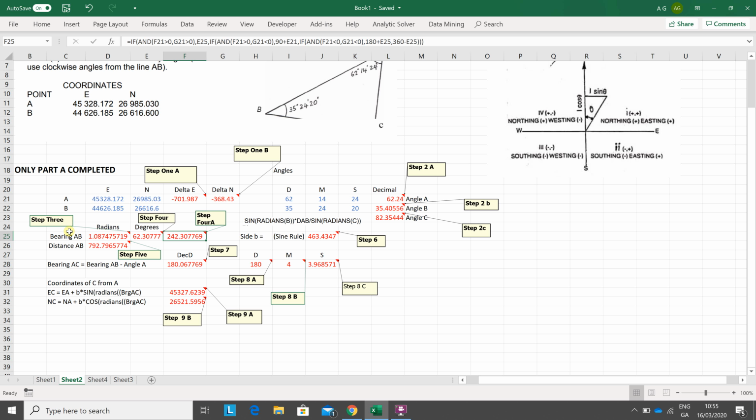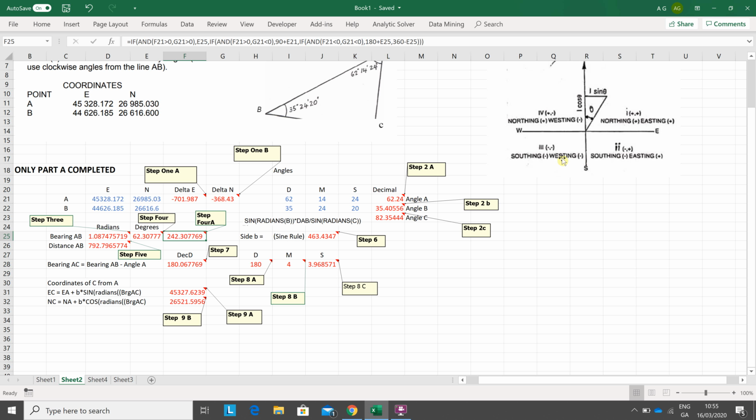And then this is the awkward bit of the whole thing. We have to work out in what quadrant we are. Just to remind you here, that would be the A tan angle there, but we have to work out where we are. Easting and northing both positive, we're in quadrant 1. Easting positive, and well, they call it a southing, but I call it negative northing, whichever way you want to look at it, we're in quadrant 2.